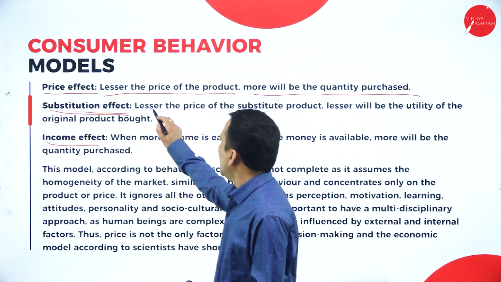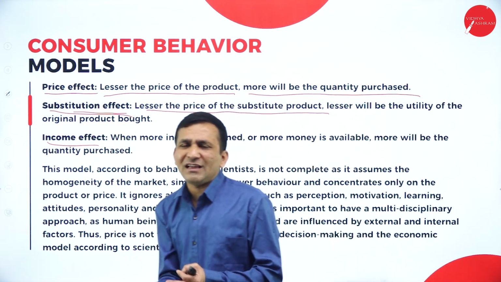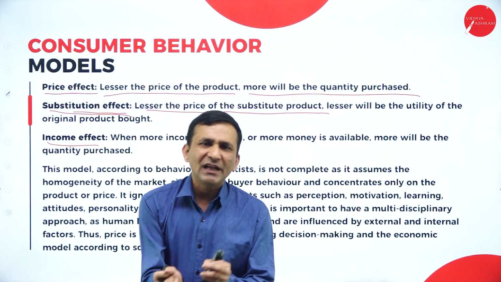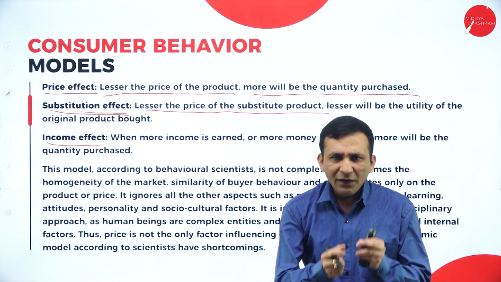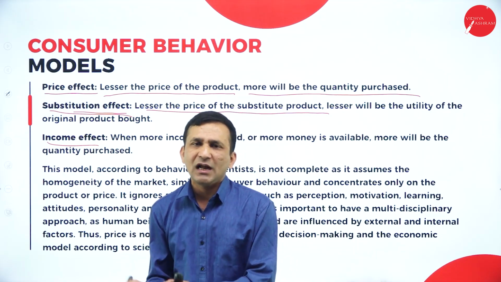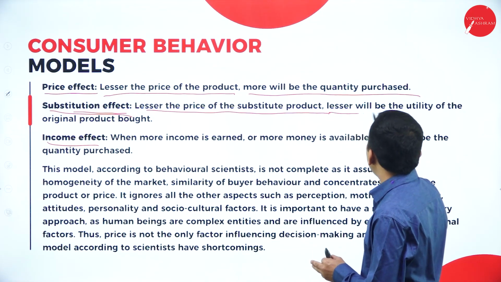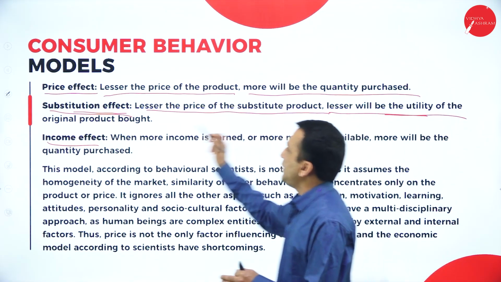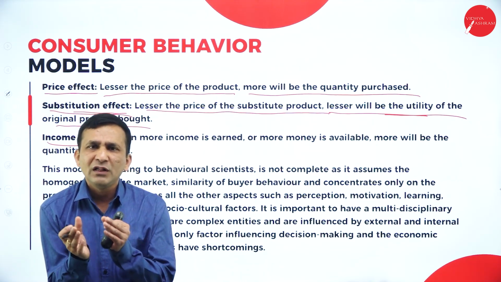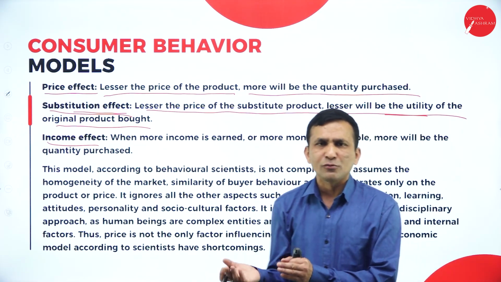Whenever they go for purchasing, before that they try to find out if there is any substitute product, comparing the cost of product A and product B. So based on the price factor, the utility of the original product will be less, and definitely to fulfill the utility they want to satisfy themselves by getting the substitute product.